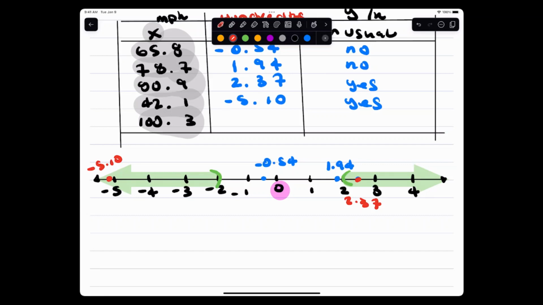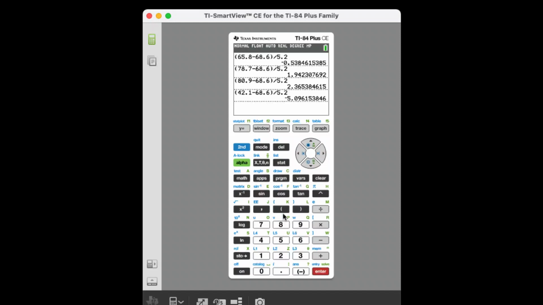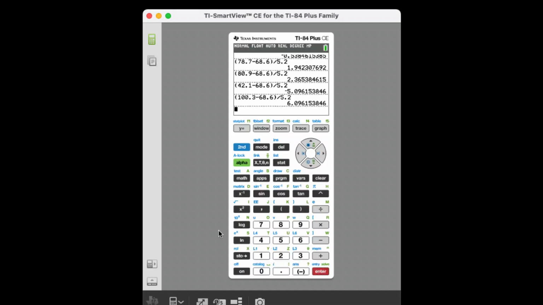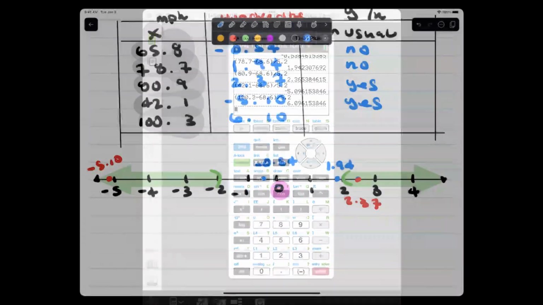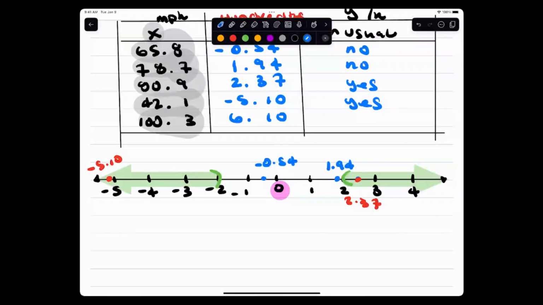Now let's check how fast somebody goes at 100.3. Parentheses, 100.3 minus 68.6. Close that, divided by 5.2, ladies and gentlemen. You get 6.10. Let's go back here. Is that an unusual speed? Yes.